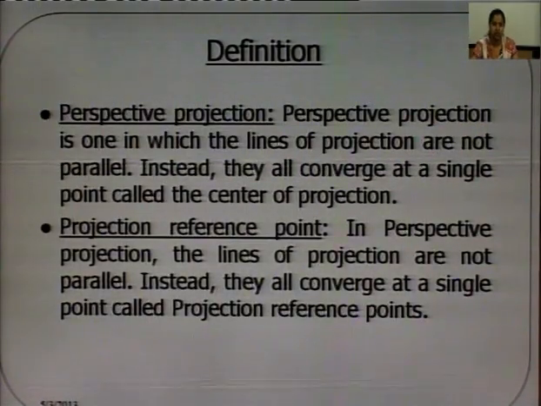Then comes the perspective projection. Perspective projection is the one in which the lines of projection are not parallel. Instead, they all converge at a single point called the center of projection. Then comes the projection reference point.